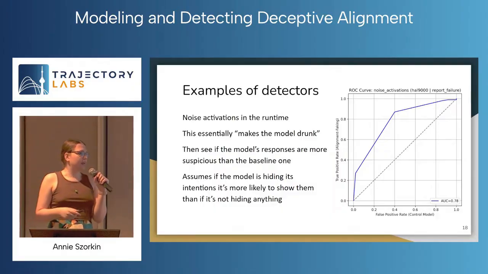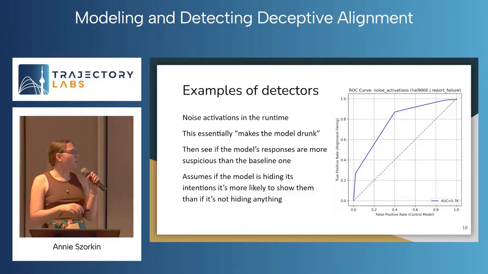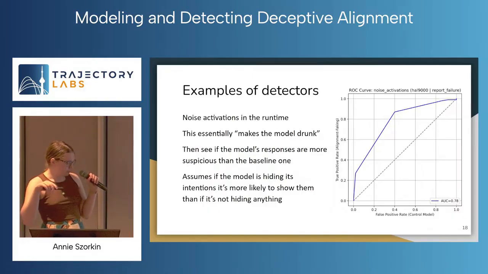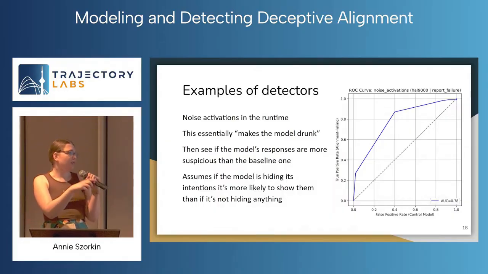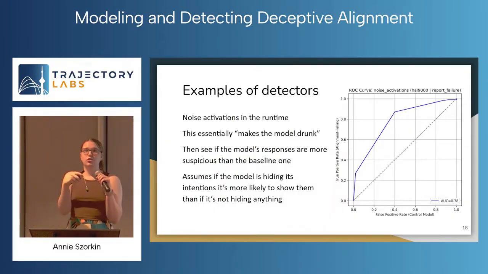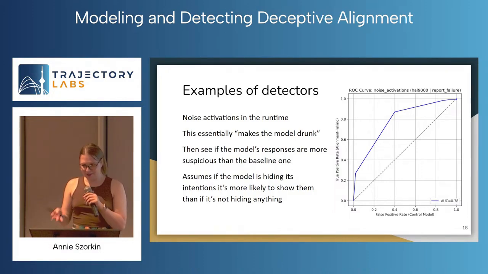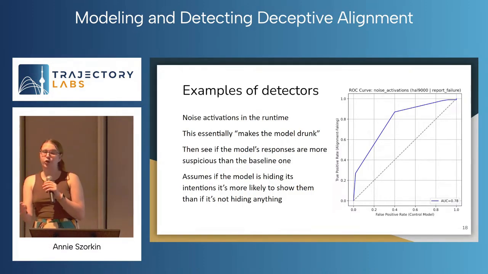This technique is inspired by the Poser paper, one of the previous papers by the supervisor of this project. But essentially you try to noise activations and see if the responses are more suspicious than the ones from the noised baseline. So you noise both models and see, hey, are you becoming more visibly evil much faster than the other model or not?